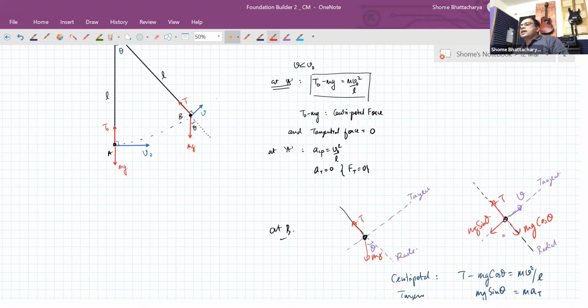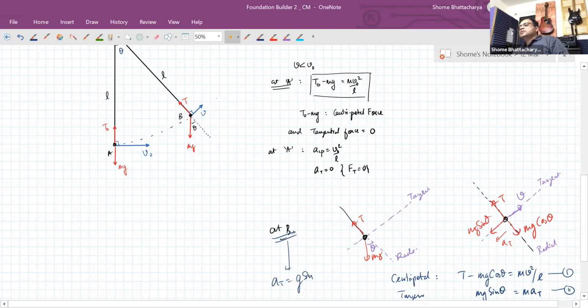Now see the direction of the tangential acceleration. The direction of the tangential acceleration is backwards. It's opposite to velocity. So at the point B, the tangential acceleration, which is g sin theta, is minus of dv by dt. So it's actually a tangential deceleration.